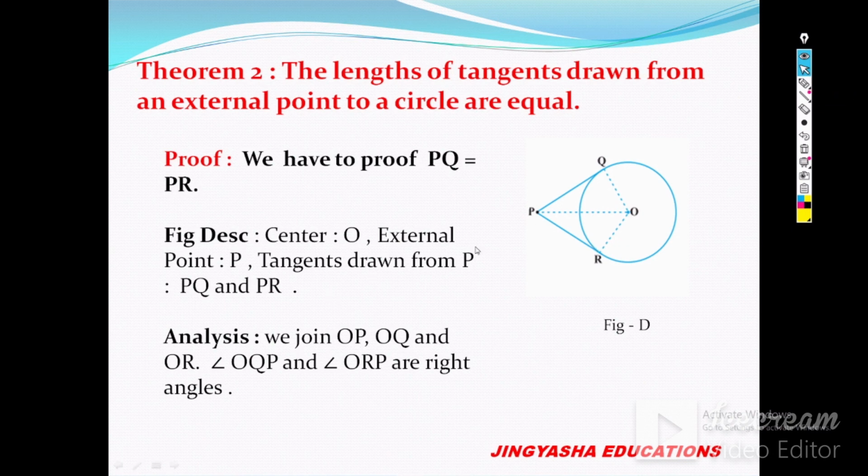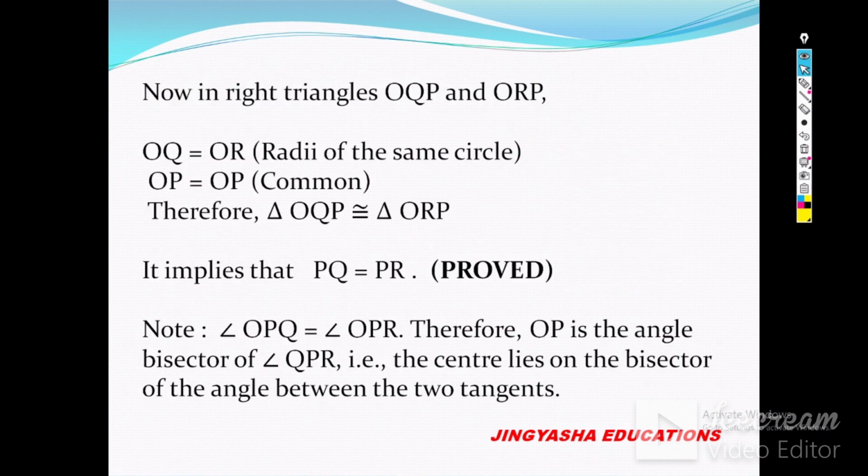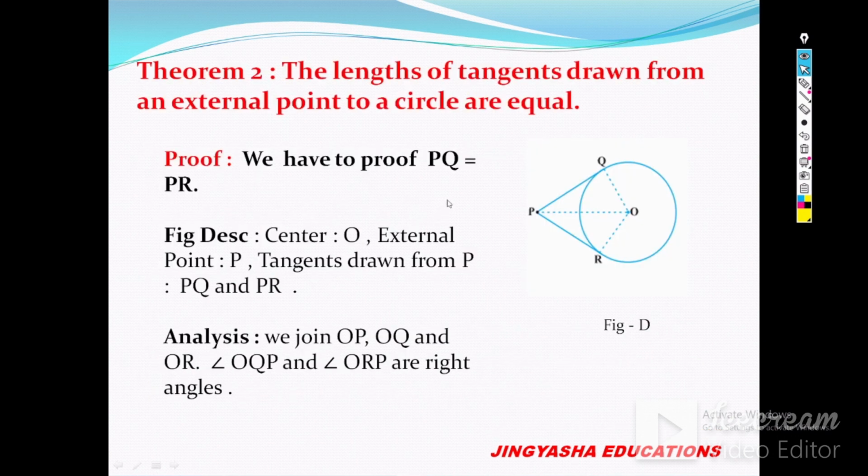Yes, because 2 sides are equal, and we also have another angle which is 90 degrees for both of them. So OQP and ORP are congruent. That implies the other sides, PQ and PR, are equal. So it is proved that if we draw tangents from an external point, then both of the tangent segments are going to be equal.